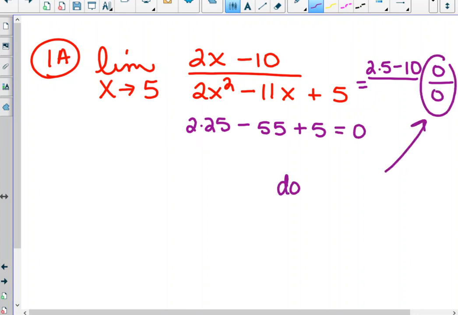And when I'm in a 0 over 0 situation, 0 over 0 means I have to do more work. And my two kinds of more work are either I use factoring to cancel out a common factor that's making my 0 over 0, or when I have the root problems, I use the conjugate.